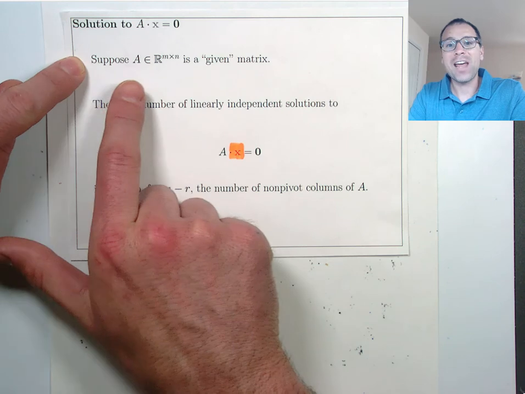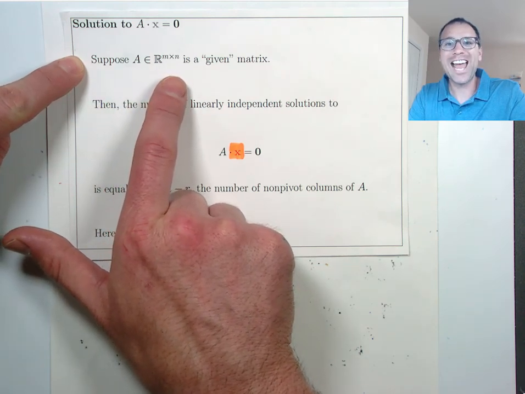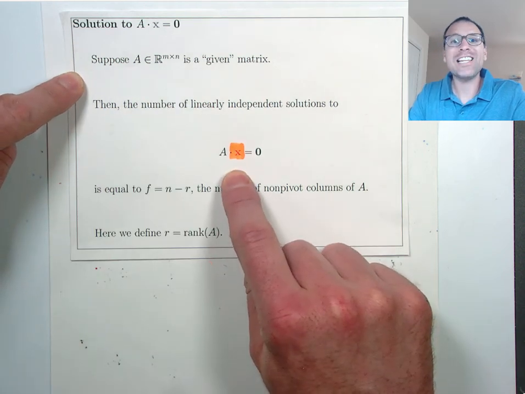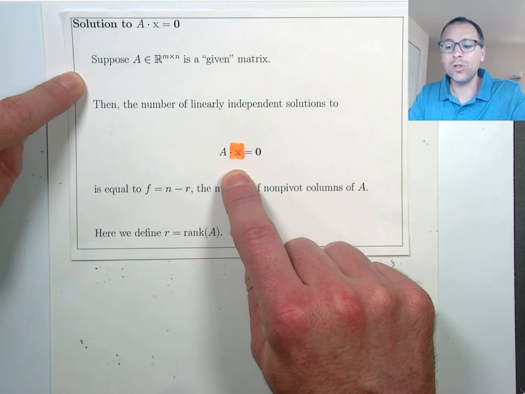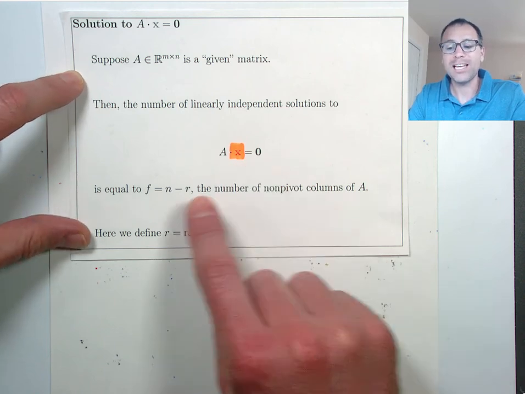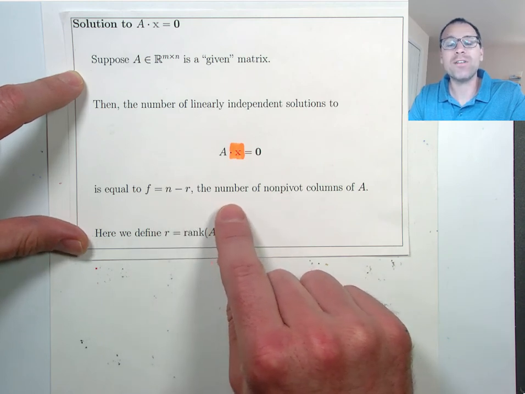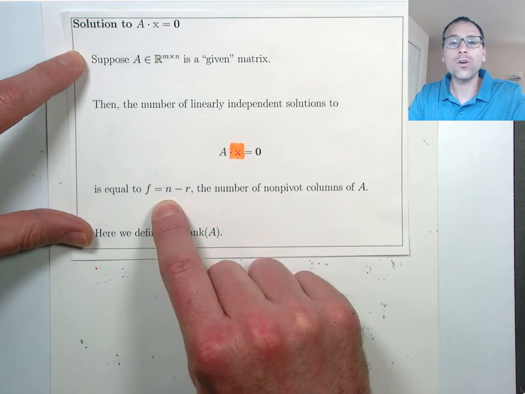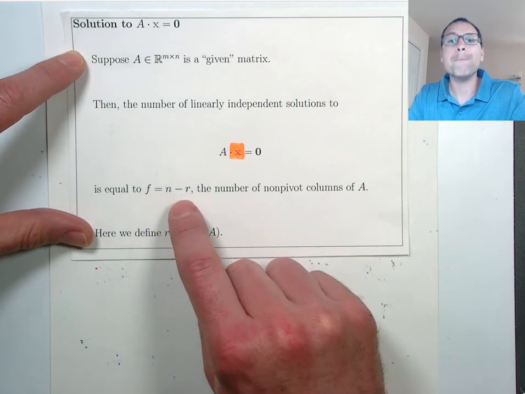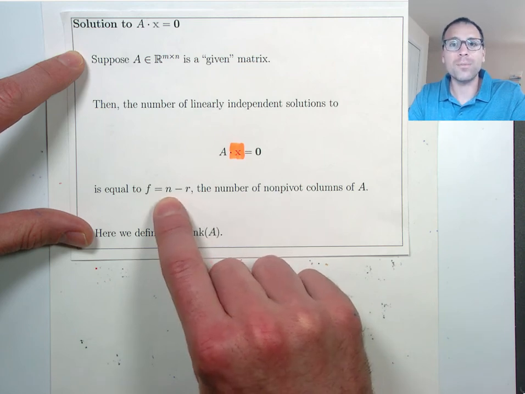When we have a rectangular matrix that has m rows and n columns, we say that the number of linearly independent solutions to the Ax equals 0 problem is going to be equal to f, the number of non-pivot columns in our matrix. In order to define the number f, we say it's the number of columns minus the number of pivot columns. n is the number of columns in our matrix.